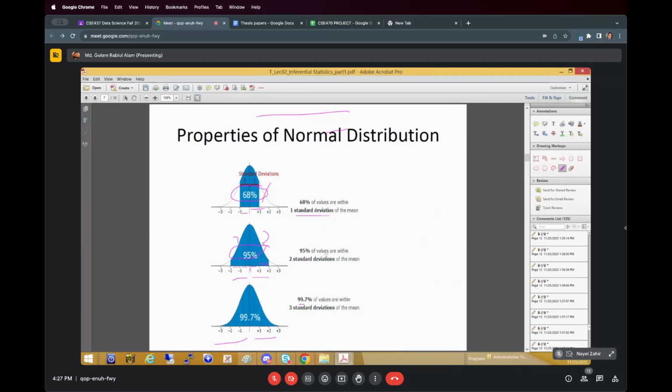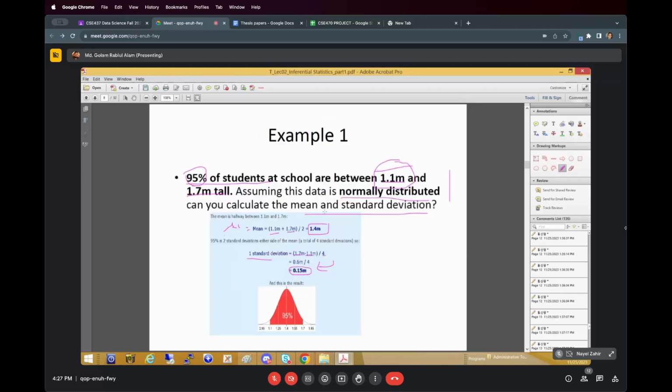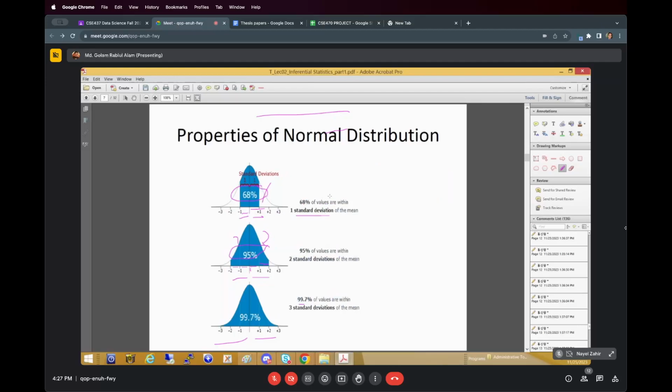Some other properties of our normal distribution are these. If we consider that data is normally distributed, then we will get 68% of values within one standard deviation. That means within this range, one standard deviation, the positive one and negative one, in total we will get 68% of the values.